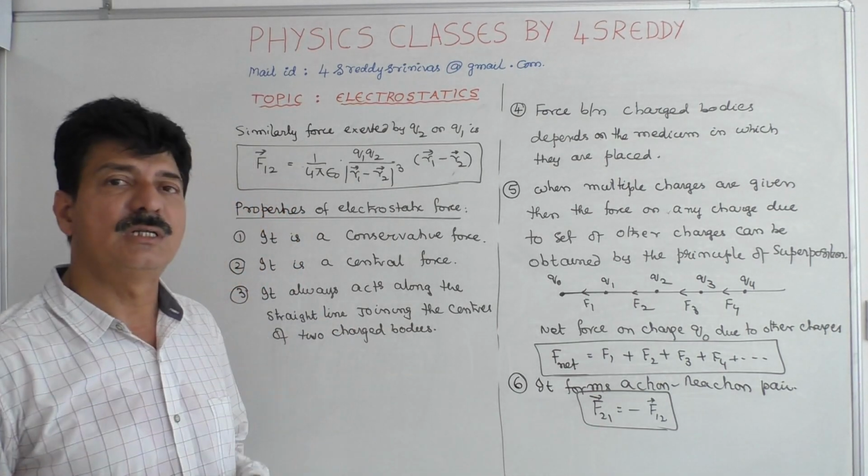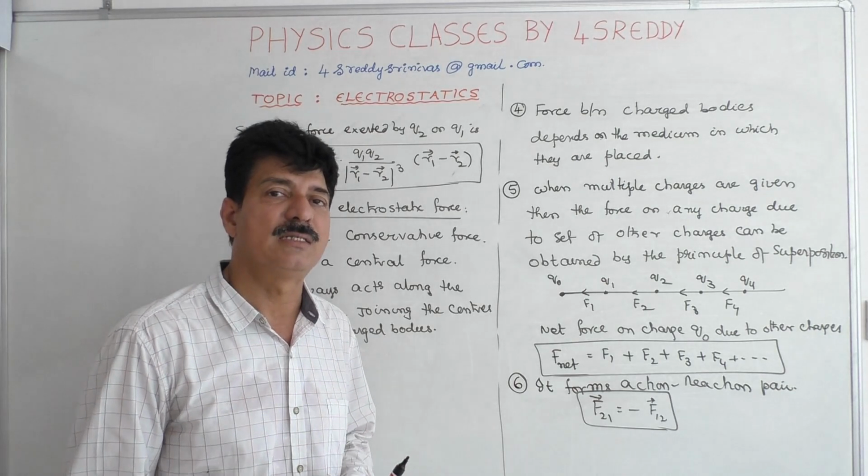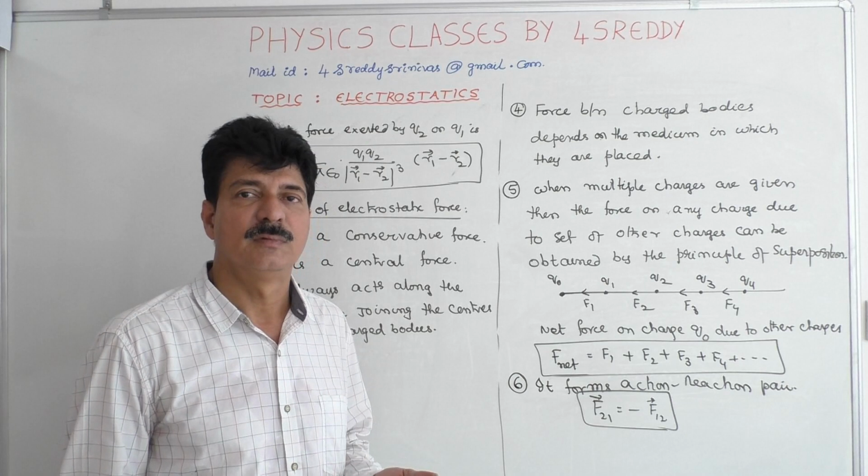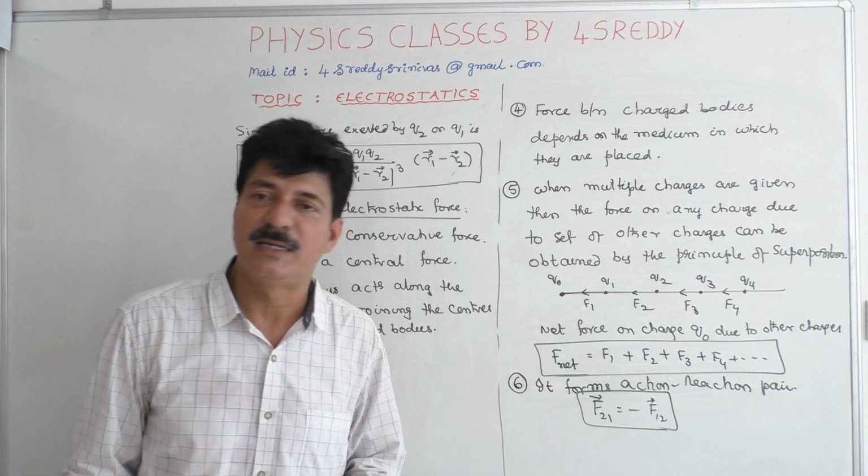Suppose you are given a question: two charges Q1 and Q2 are separated by a certain distance. What is the ratio of the forces between them? Because it forms an action-reaction pair, it is 1:1.